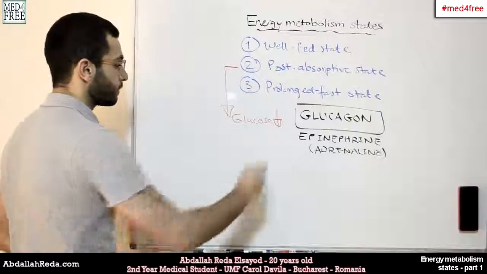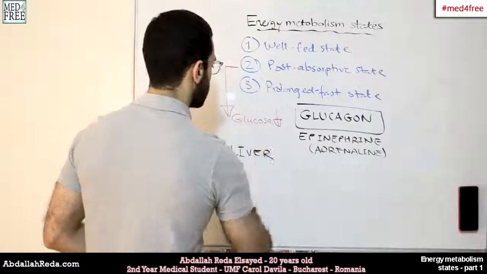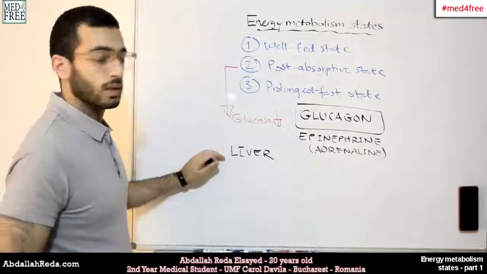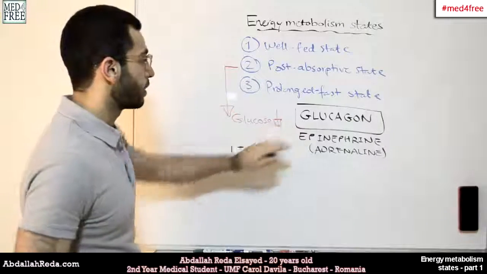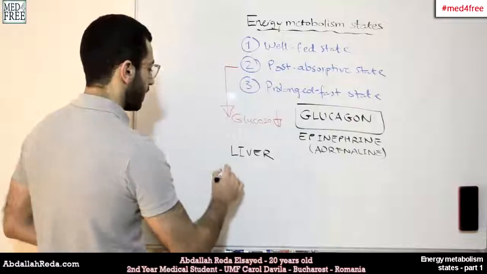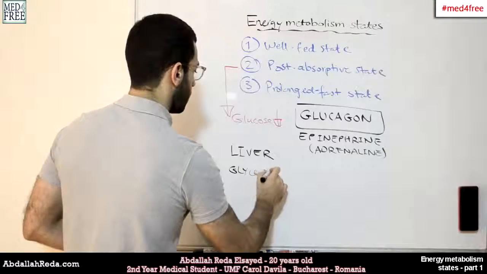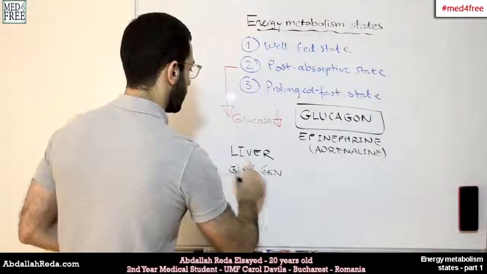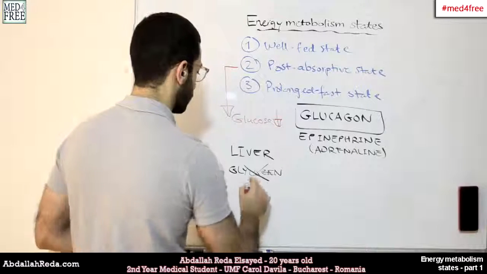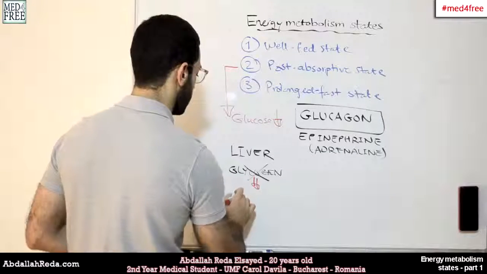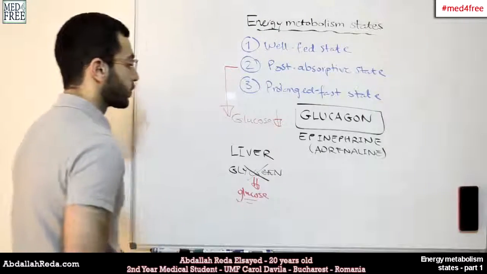So what happens is in the liver, we mentioned that the glucose that was in the blood was stored in the form of glycogen. So glucagon would take the glycogen and break it down once more into glucose. So the glycogen would be transformed once more into glucose and released into the blood stream.